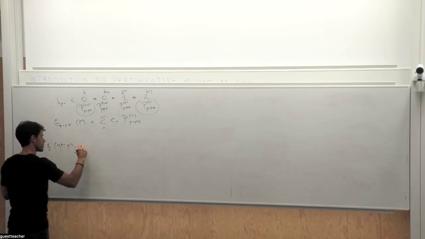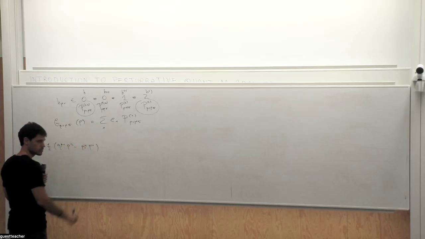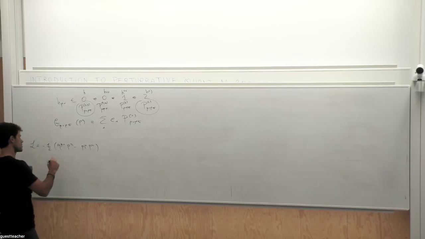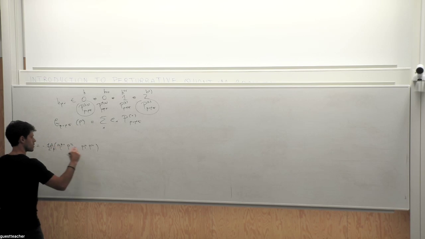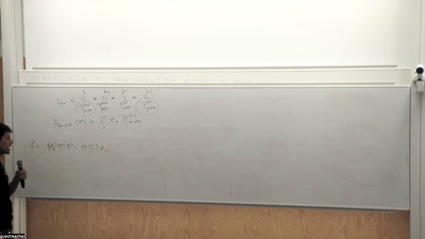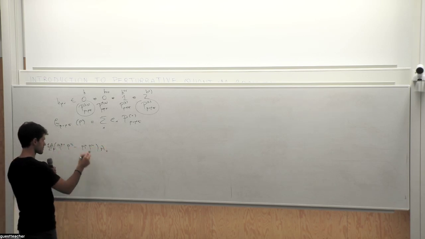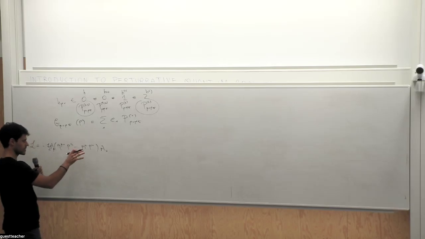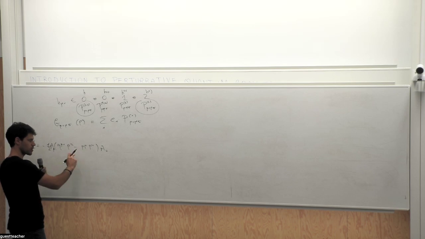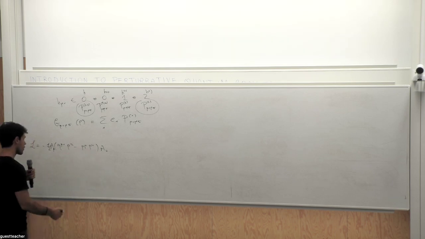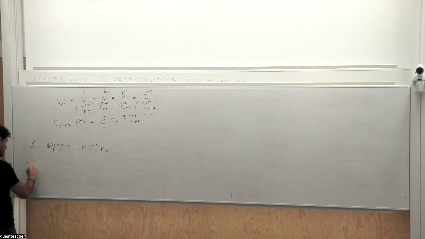P square, P mu P nu. This is basically the Lagrangian here. And you would like to introduce some spin projectors for the A mu that allow you to write the kinetic operator in terms of its spin components. Why? Because under SO3, A mu can be written as a scalar and a vector.